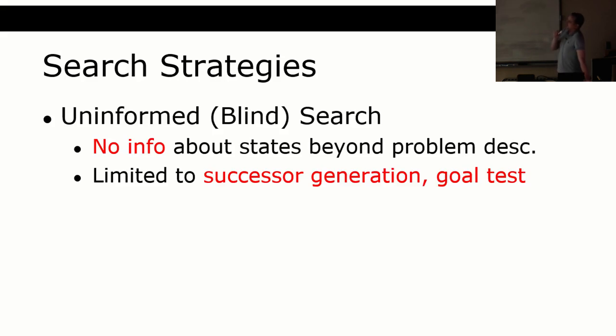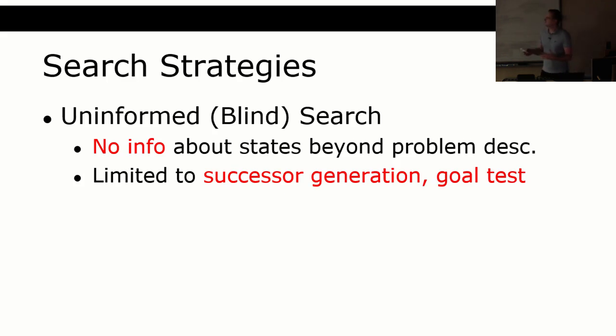When it comes to search strategies, there are two overarching types. One is called uninformed or blind search, where you have no information about the states beyond the problem description. So I know what the legal actions are and I know what the cost function is, but I don't know anything else.